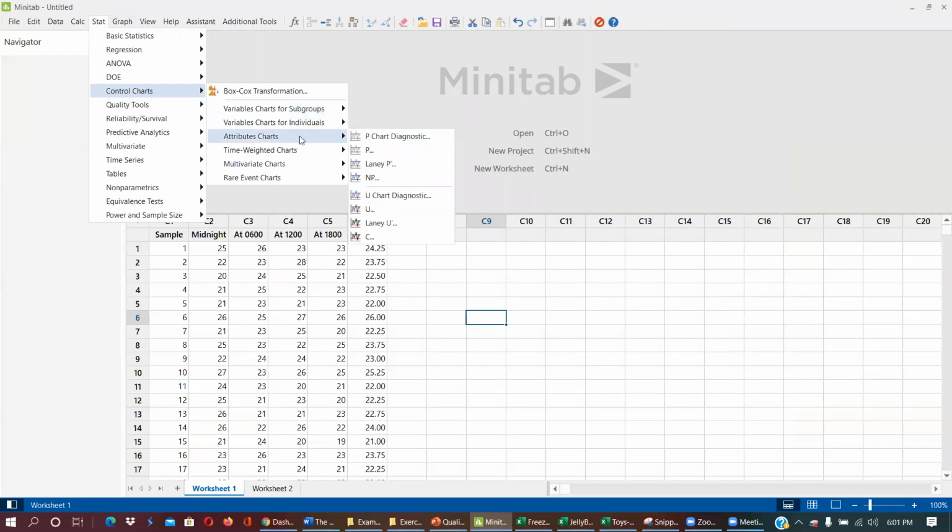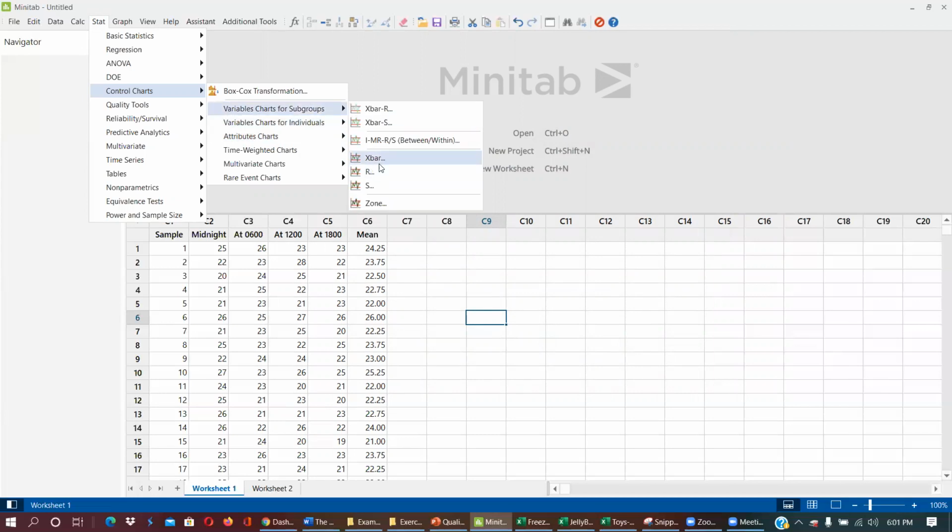Here you have attribute charts, P chart and U chart. So P and C chart. These are the different other charts. However, most of the assignments that I gave you are based on X bar or XR. So let me go one by one.